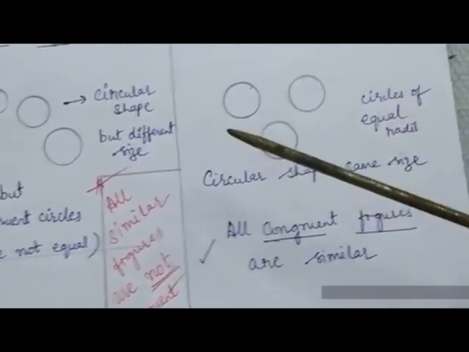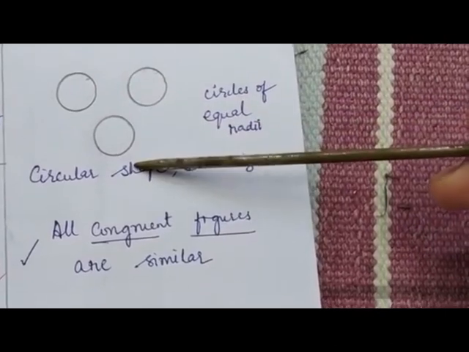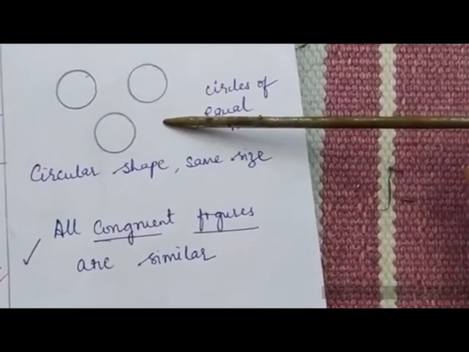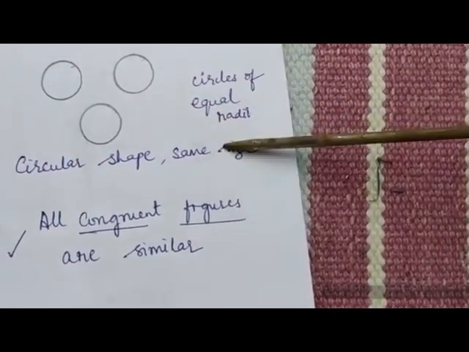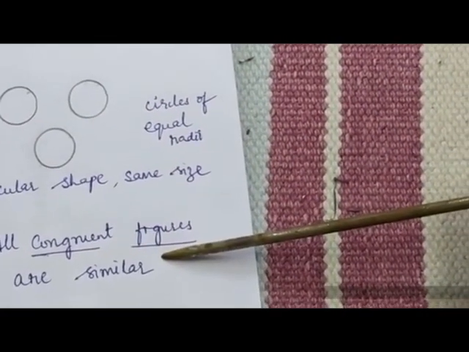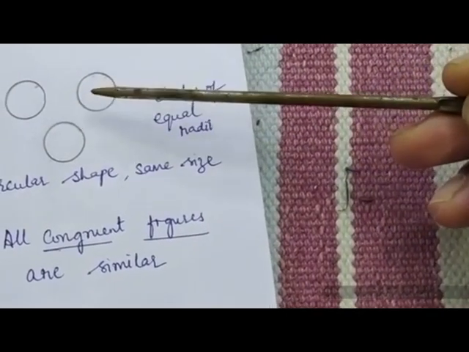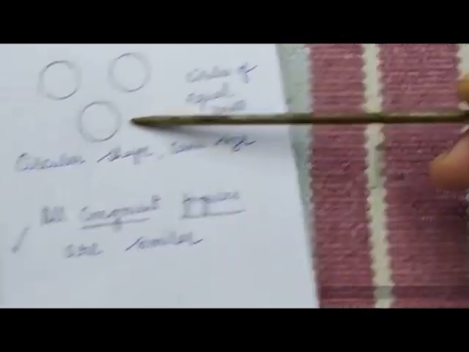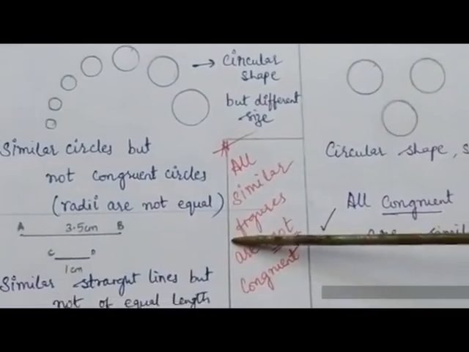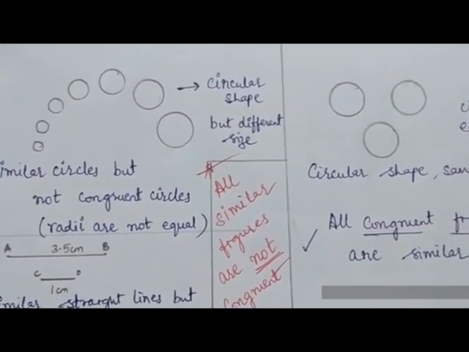But we can find that in congruent figures, there are three circles here with the same radii. They are circular in shape with the same size, and all congruent figures are always similar. The congruent figures are similar in terms of their shape and size, but all similar figures need not be congruent. And it's a very important point to be noted for this class.